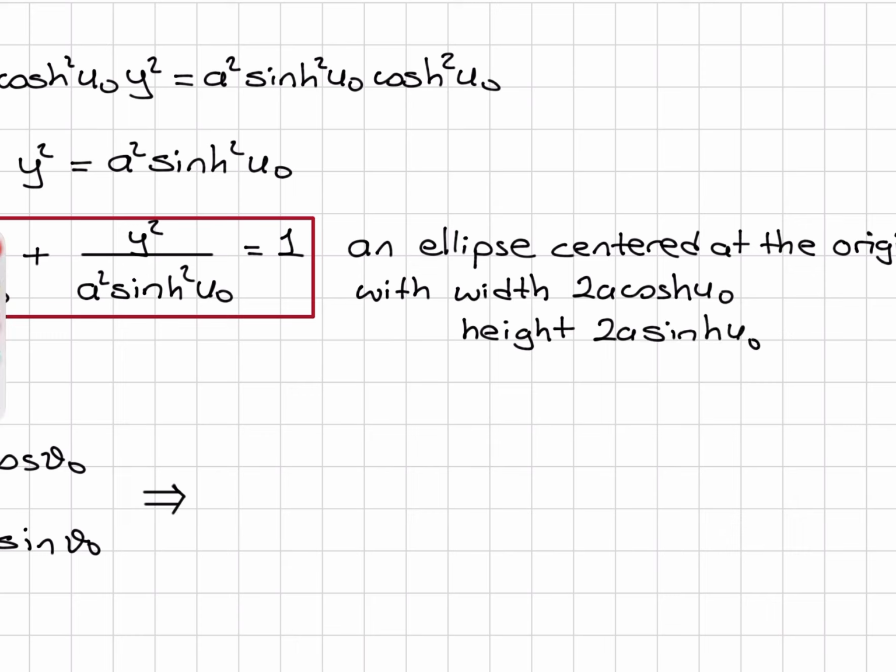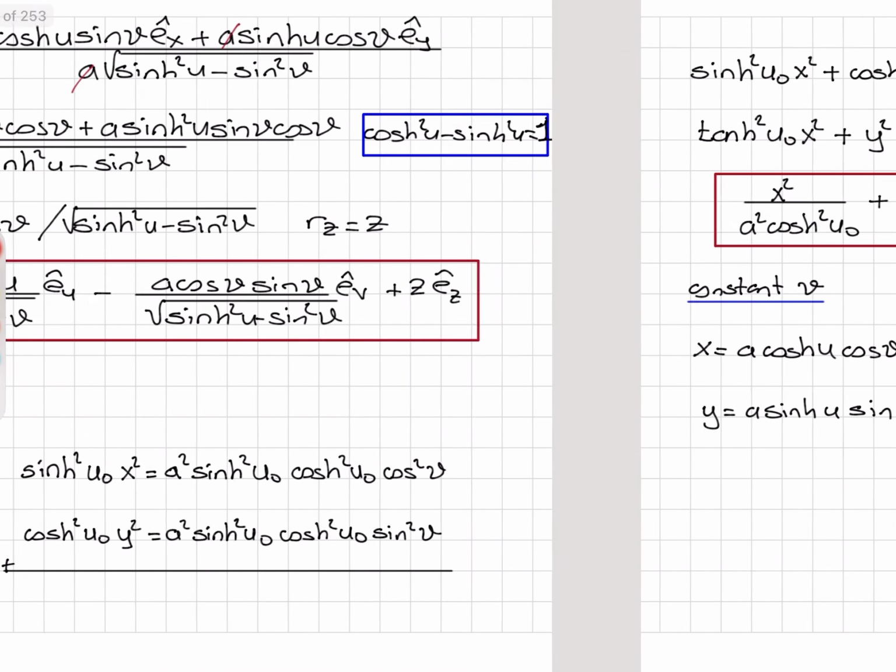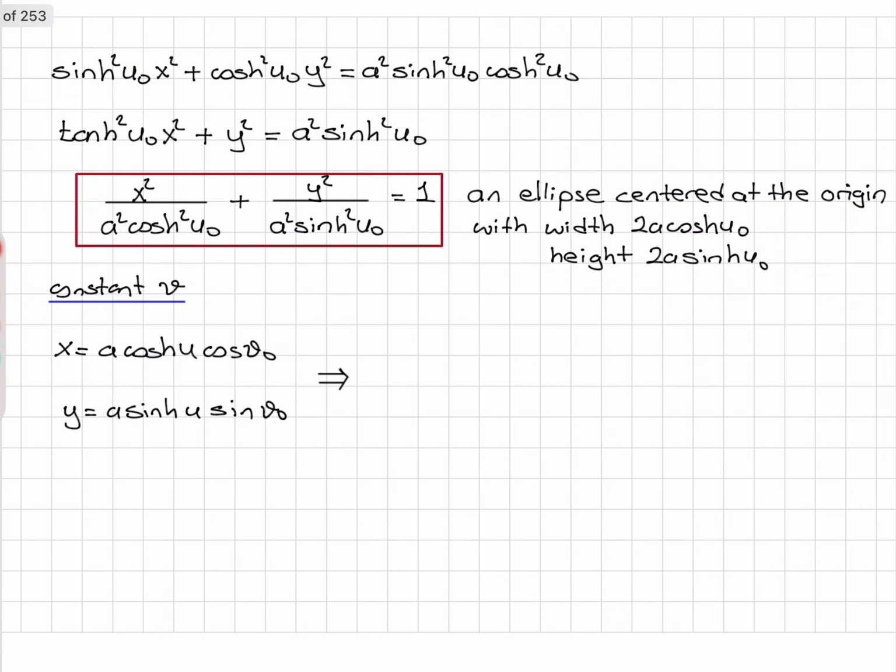In other words, the major axis length is a cosh u0, the minor axis length is a sinh u0. So a constant u curve is an ellipse.